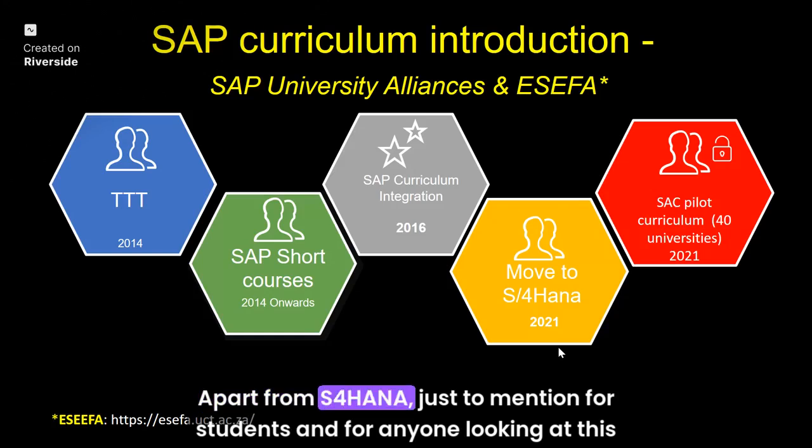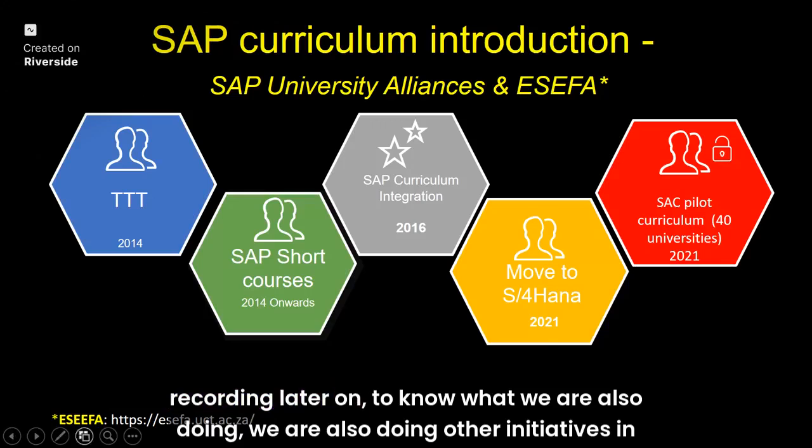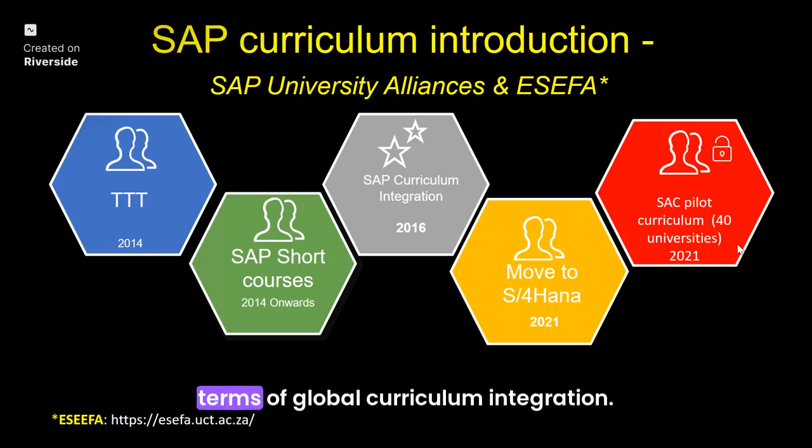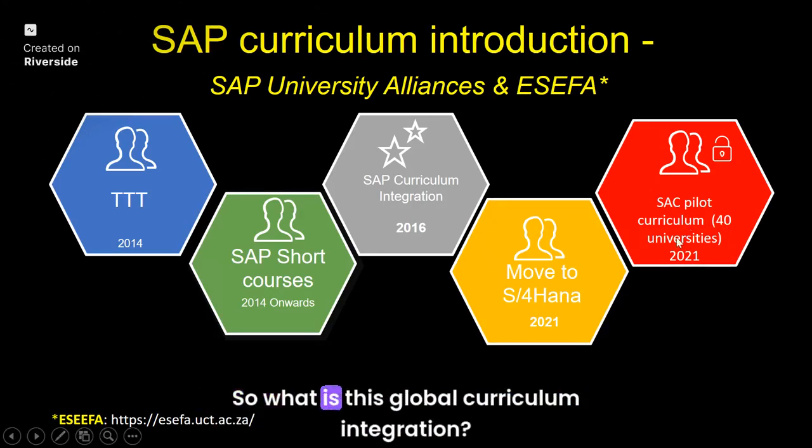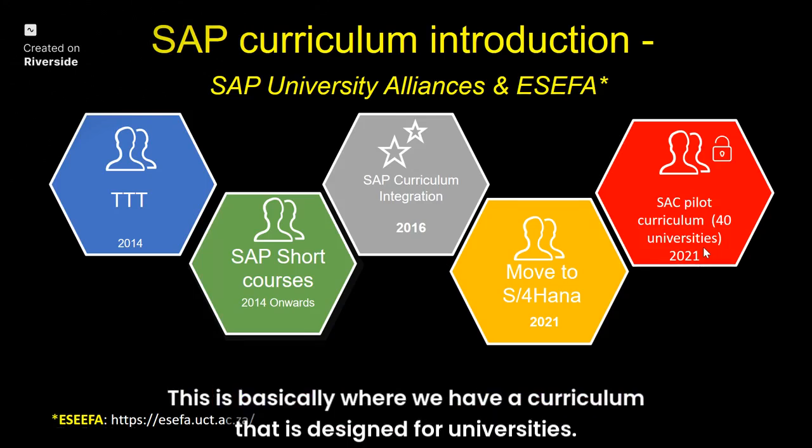Apart from S/4HANA, just to mention for students and for anyone looking at this recording later on, we are also doing other initiatives in terms of global curriculum integration. What is this global curriculum integration? This is where we have a curriculum that is designed for universities.